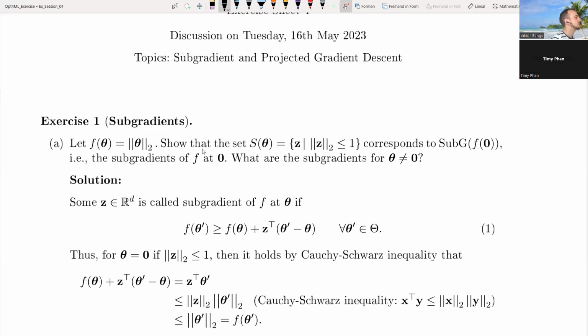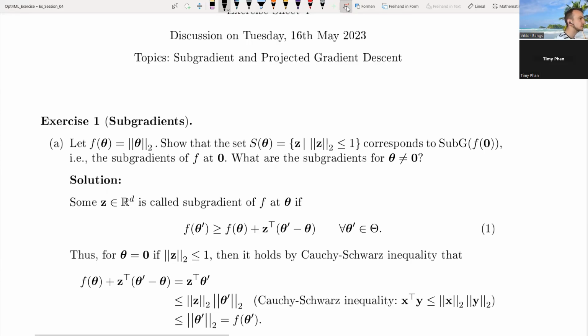But it turns out that we have subgradients available for this point, and the set of subgradients is the following set S of theta. It consists of all z.